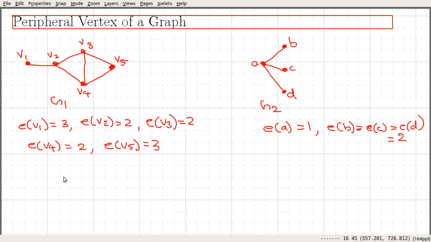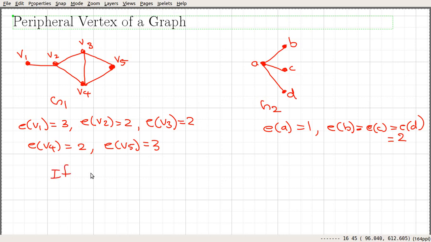So the periphery of a graph is defined as follows. So if the eccentricity of a particular vertex is equal to the diameter of that graph, then V is a peripheral vertex.